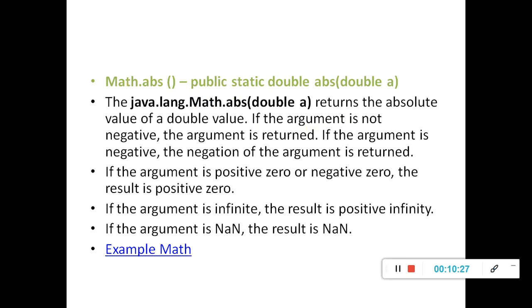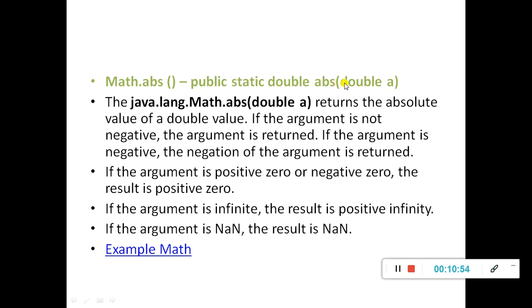Math is a class, keep in mind it is a class, and in that there is a method. The declaration of that method in the Math class will be something like this. It is a public method, a static method, the return type is double, the method name is absolute, or abs, and the parameter I am passing is a double.